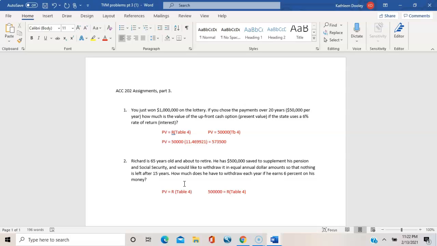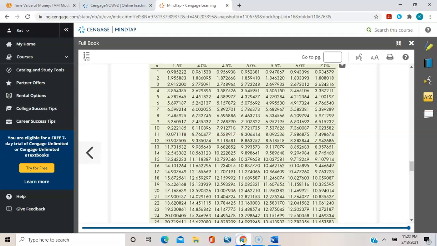Okay, so our table 4 is 6% and 15 years. So we're on table 4 here, and here's our 6%. We go down to 15 years, 9.7122.